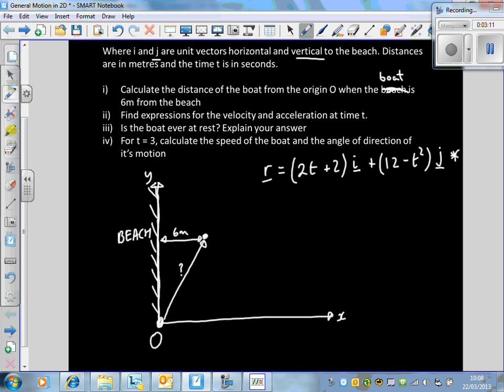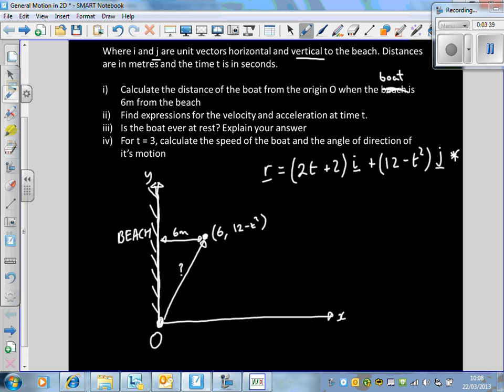If we're using this equation here, would you work out t by subbing in 2t plus 2 is equal to 6? Brilliant. The x coordinate of this point is 6 because it's 6 meters from the beach, and we know the y coordinate is 12 minus t squared, whatever t is.